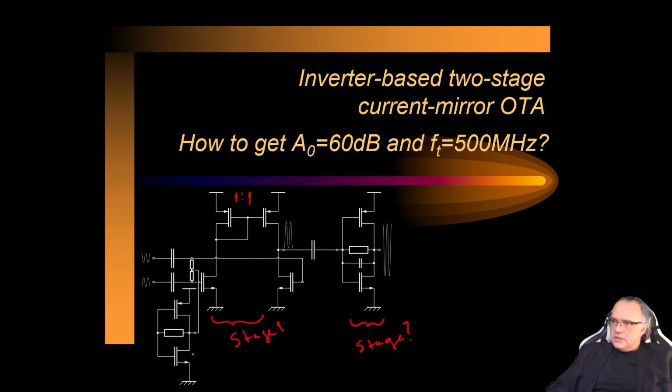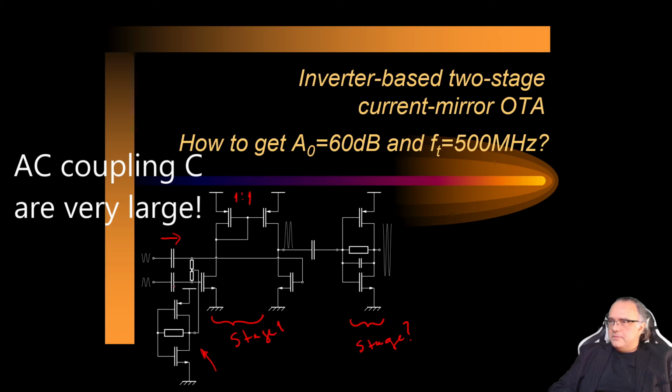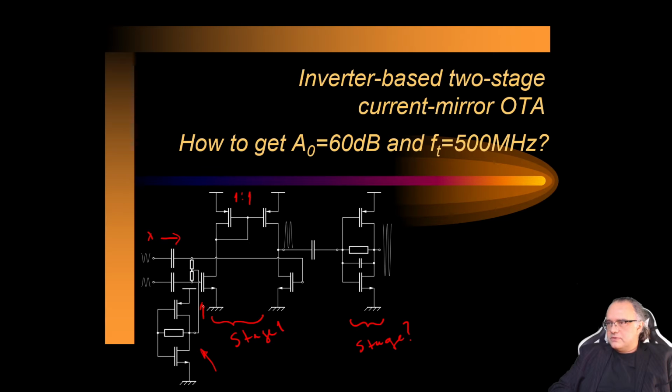The structure is biased by this bias generator, which is a self-biased inverter. The input is AC coupled by these AC coupling capacitors, which isolate the DC component of the input voltage from the self-biasing.